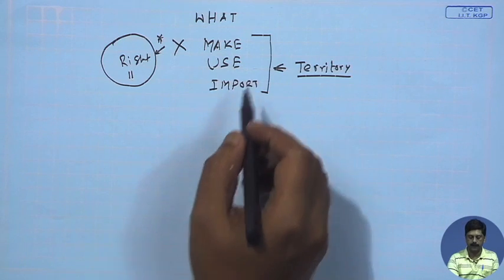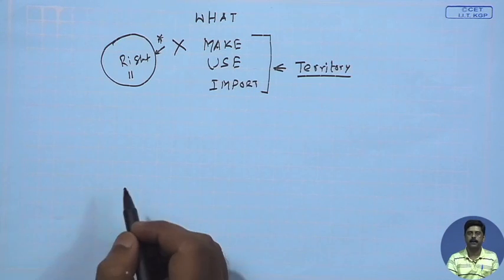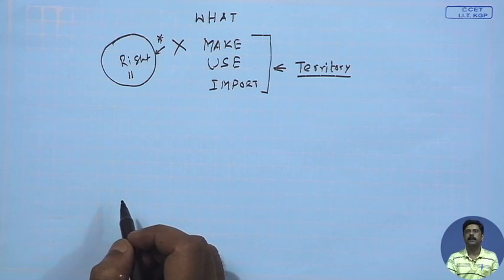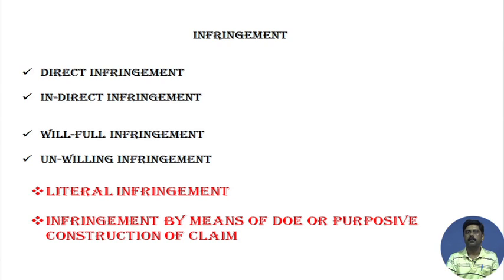Prevent others to make, use, import the product, or in respect of a process, the use of the process or use of the product made by that process. So you got the rights. Now you got the idea of infringement: if somebody violates the rights of the patentee, then he will be treated as an infringer.